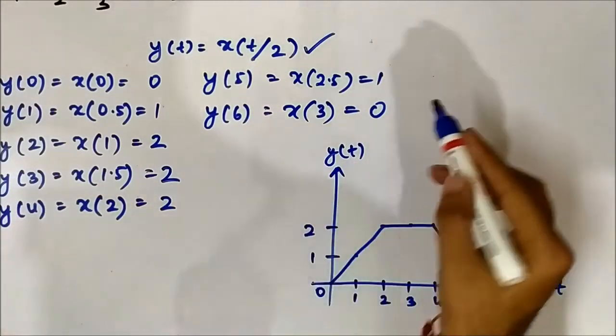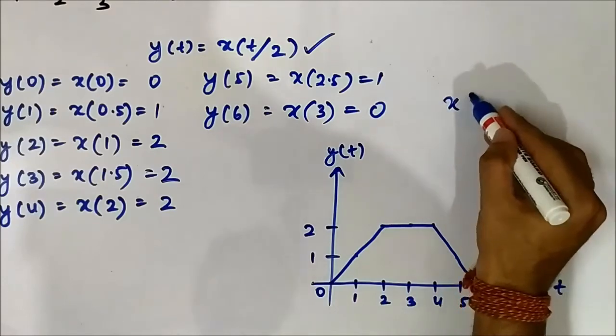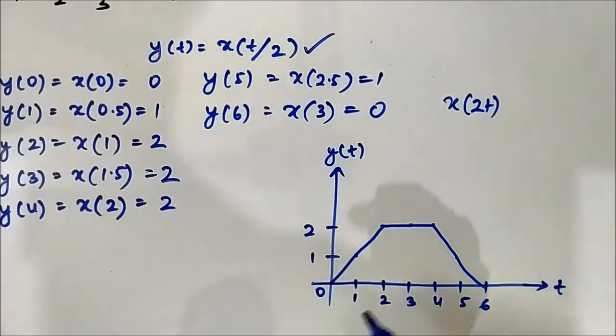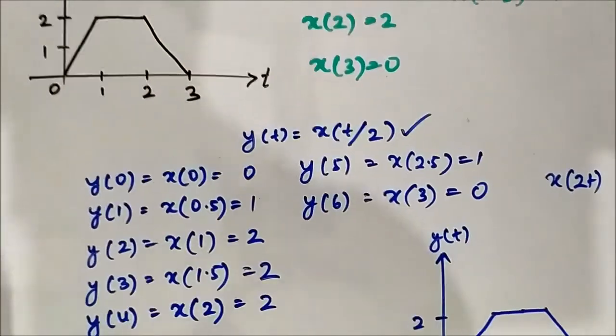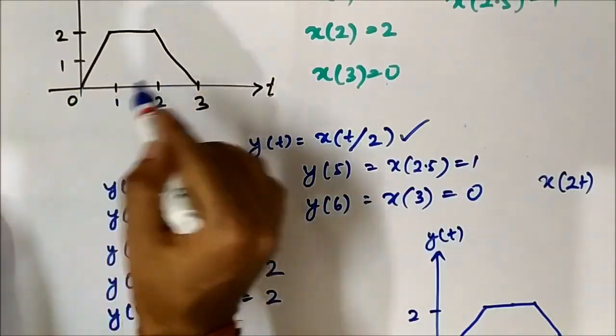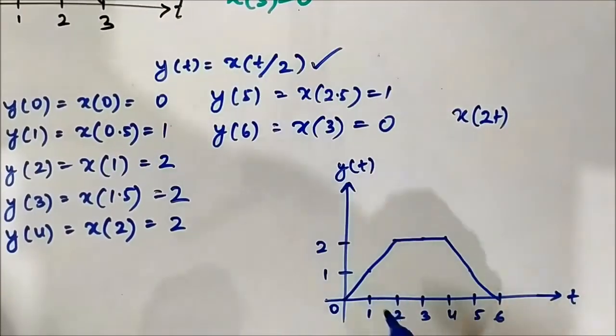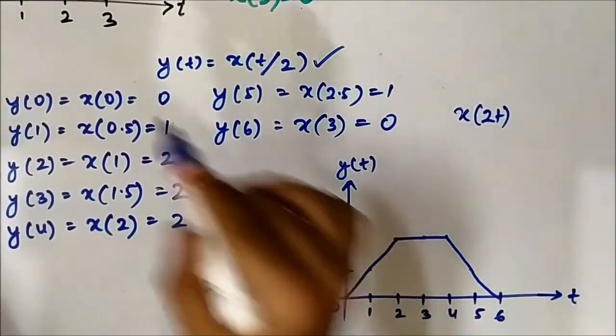In the other time scaling operation, which is x2t, the time interval became half, from 0 to 1.5, half of the original signal. In this operation, t by 2, it increased twice of the original.